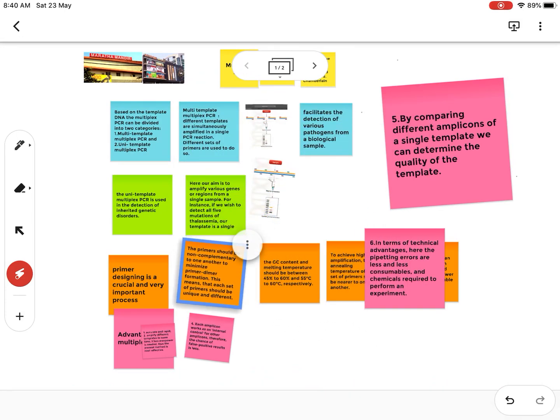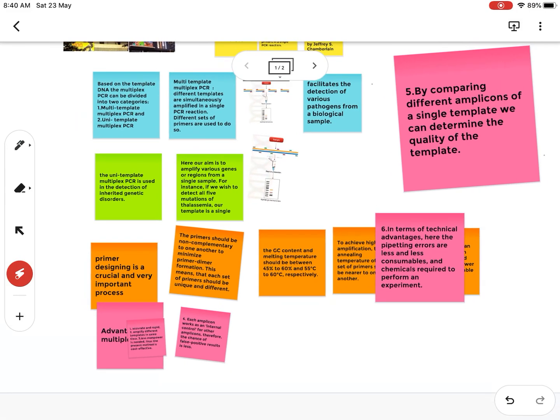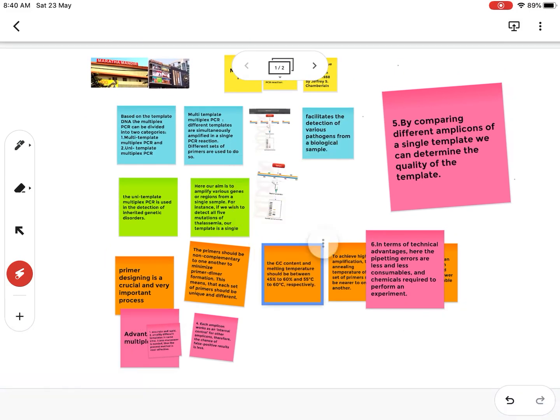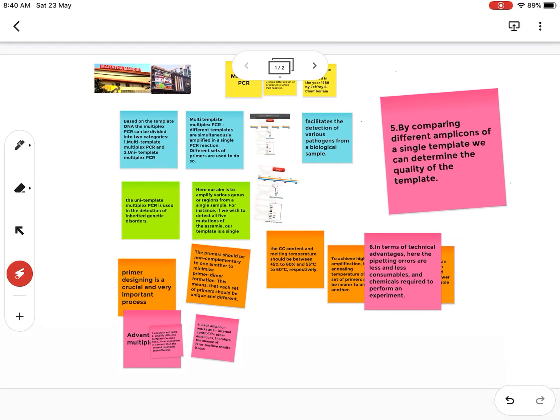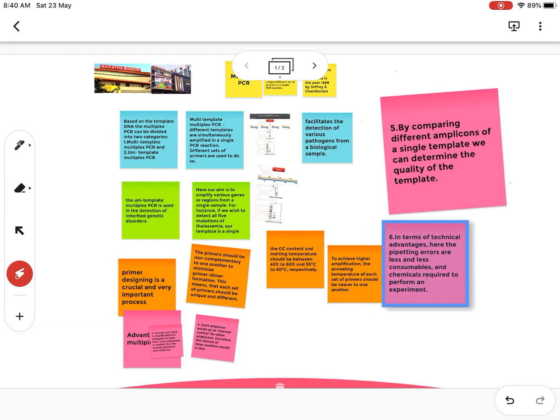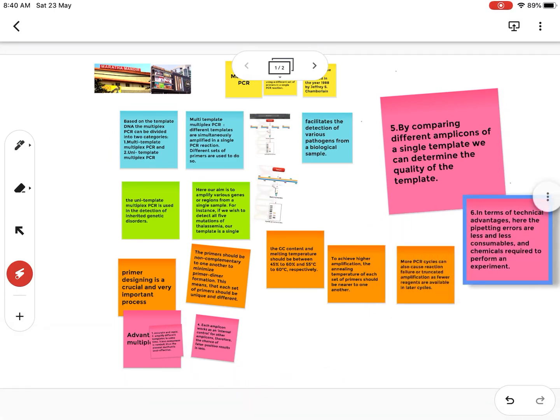It may give you false result. Therefore utmost care should be taken while selecting or designing the primer for multiplex PCR. At the same time, we should also take into consideration the GC content and the melting temperature of these primers, and we should limit the cycles of multiplex PCR.